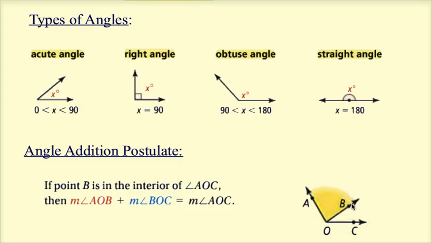If B is in the interior, then I can actually add angle AOB right here, angle AOB, plus angle BOC, okay, following along, BOC. Those 2 angles, so the top angle and the bottom angle added together equal the measure of angle AOC. Okay, so just like with the segments, I can add 2 angles together and it equals that outside angle.